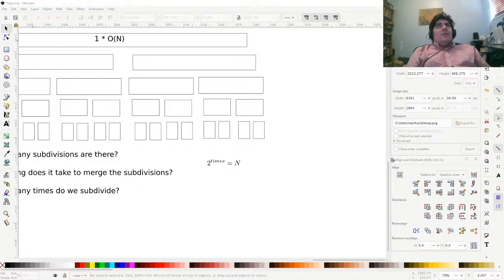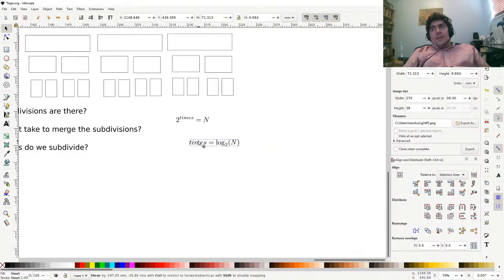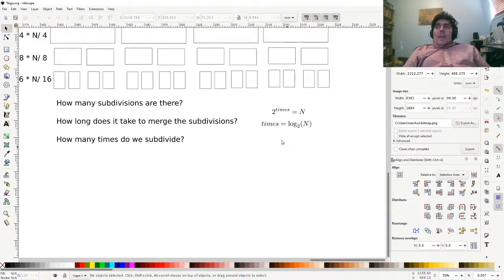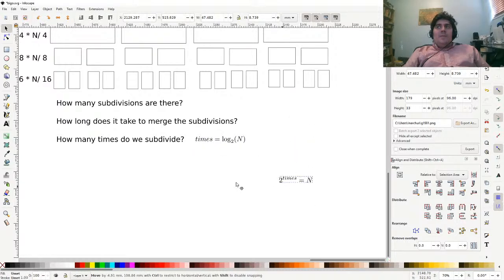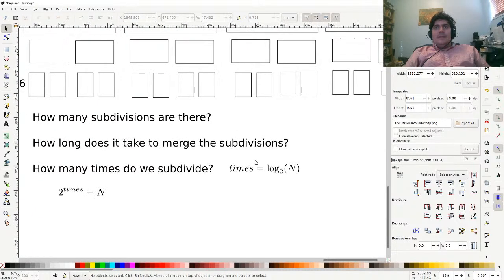The number of times, t, is equal to the log base 2 of n. So how many times do we subdivide? We take log base 2 of n, number of times.